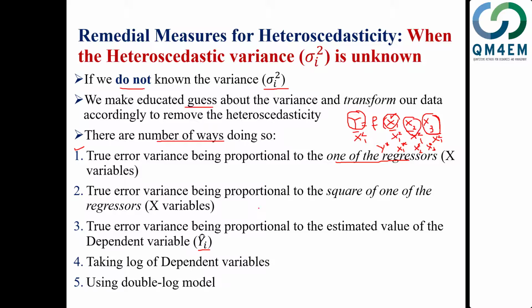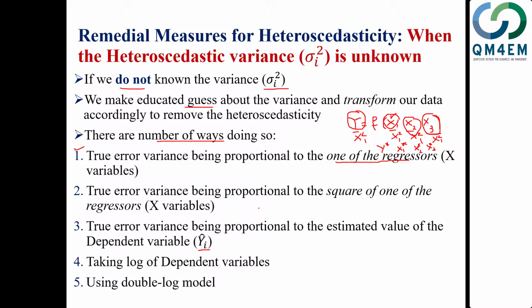So five possible ways of guessing have been listed on this slide. Some textbooks use more than five methods. I just use these five, believing that at this level these five could be effectively used to remove the problem of heteroscedasticity. So we guess whether one of the explanatory variables is proportional to the error variance. We use that particular regressor as a way of weighting our observations, transforming our data and then applying the ordinary least squares method.